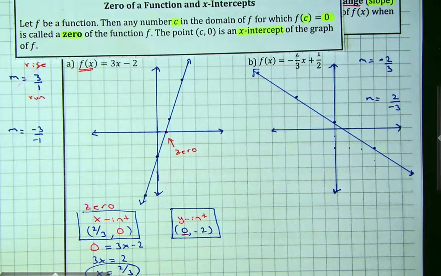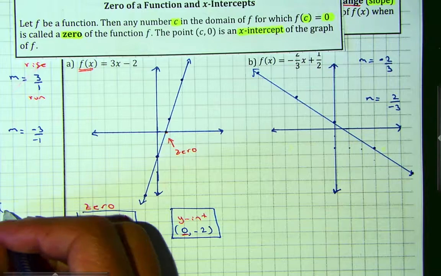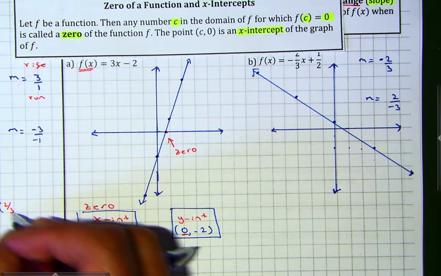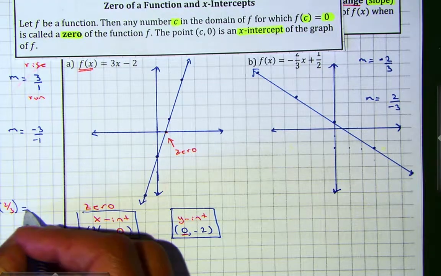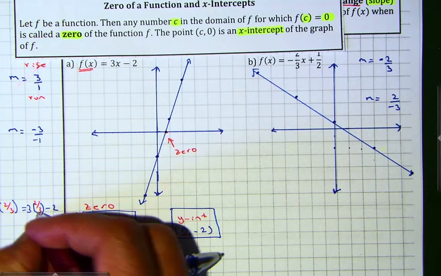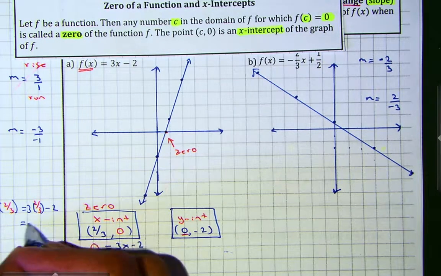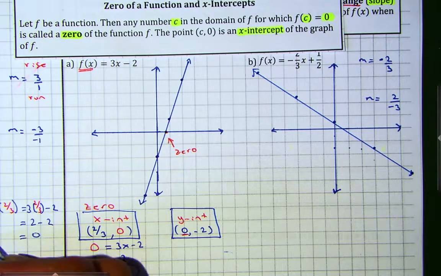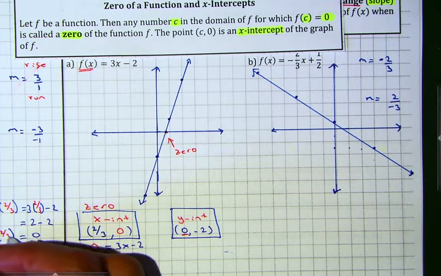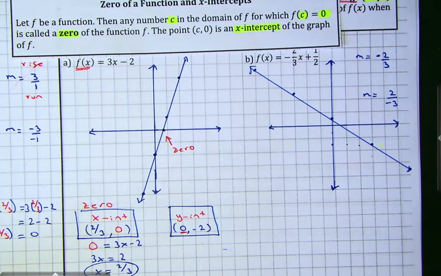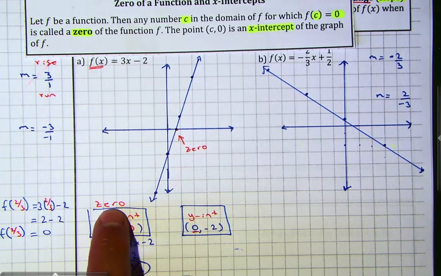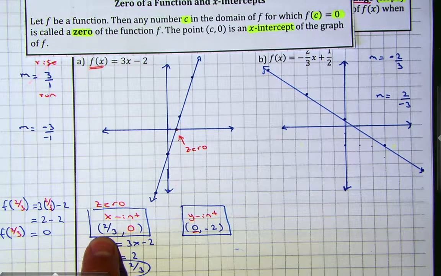And we can check it on the left-hand side. f of 2/3, if I plug in 2/3 in the function 3x minus 2, the 3's cancel, so I end up with 2 minus 2, so it gives me 0. So you want to be able to make all of those connections. That is the x-intercept, which is called the zero, and whenever you plug in 2/3, it will give you 0.